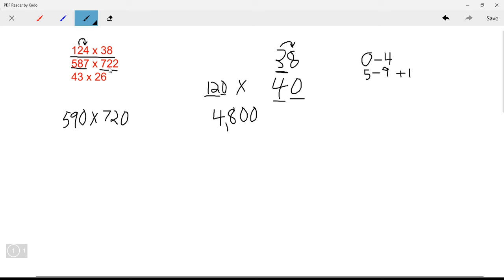The 2 stays the same because the 2's next to it, which is 0 to 4, so it would be 720. The 8 goes up to 59, or goes up to a 9 because the 7 is next to it, so it would be 590 times 720. To be honest, this doesn't really help us out much. It's not like I can do 59 times 72 easily in my head, right?